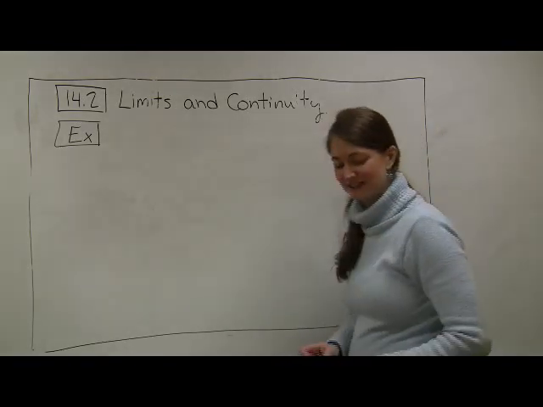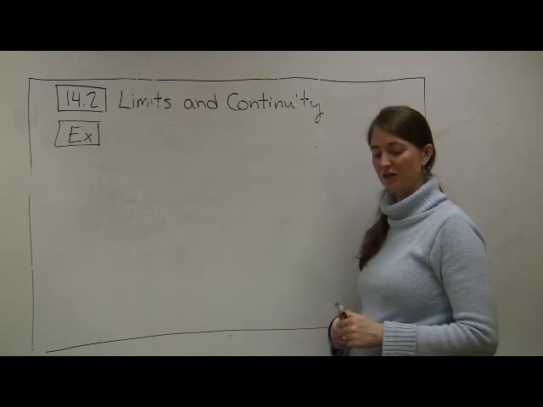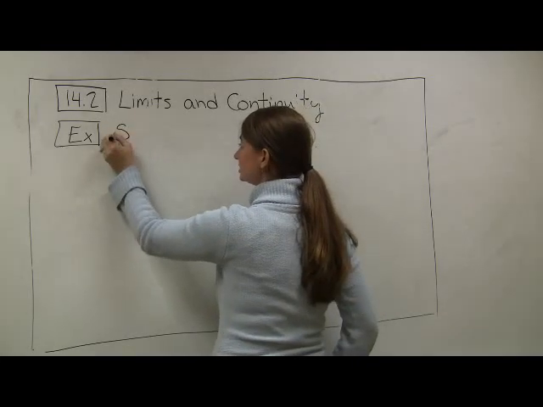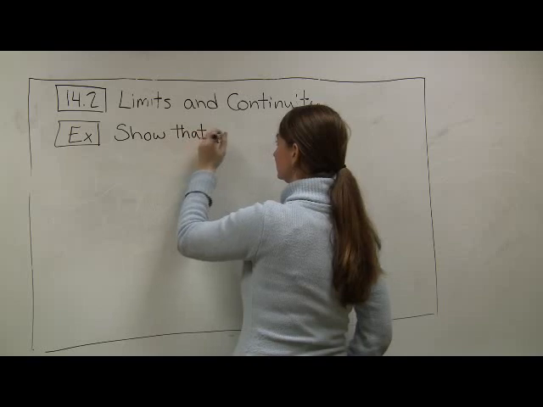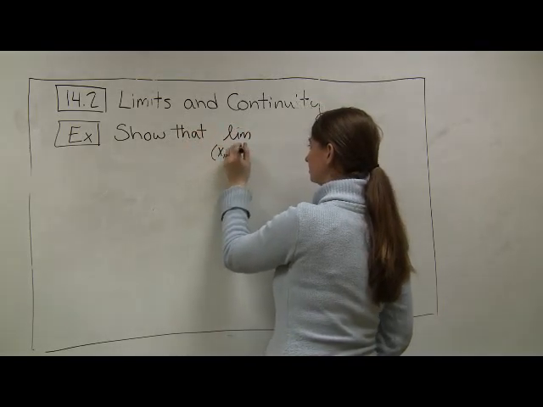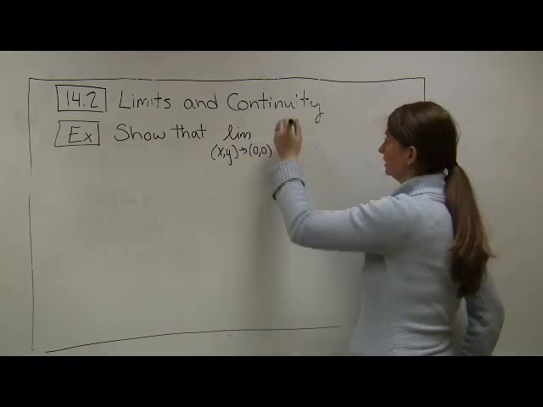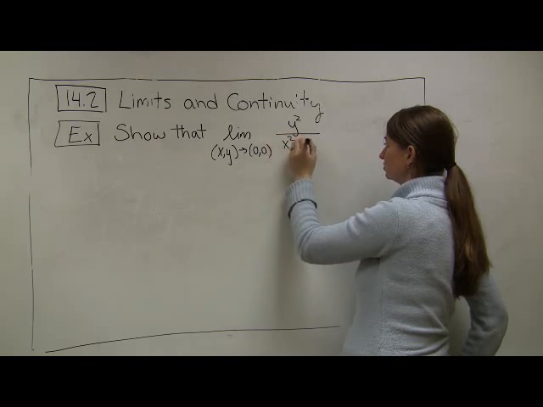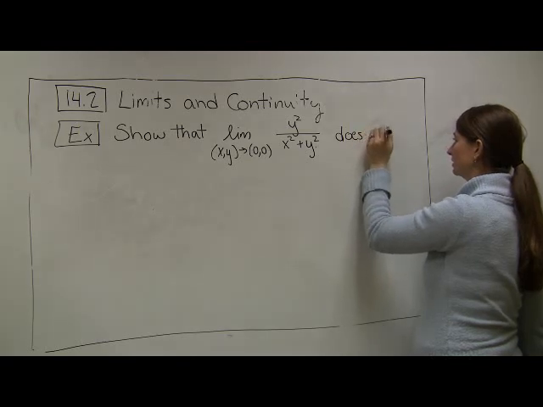So for the final two examples, instead of showing what the limit is, we're going to show that a limit does not exist. So our first goal is to show that the limit as (x, y) approaches (0, 0) of the function y squared divided by (x squared plus y squared) does not exist.